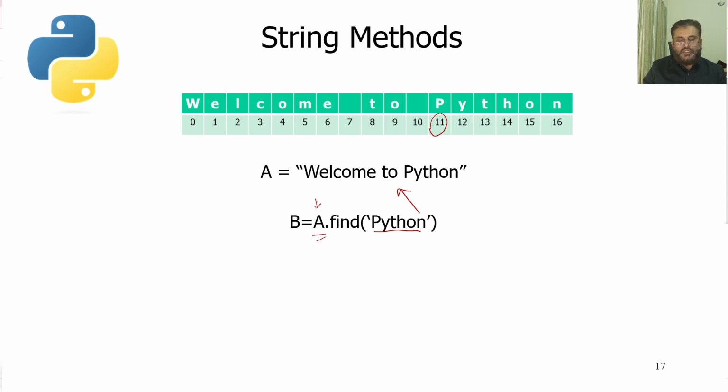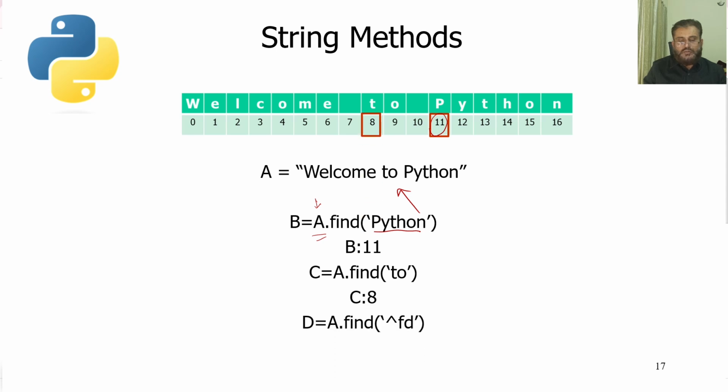Like in this case, the given string is a, so it will return 11. b will have 11, b will have an integer. Now in the next case, if we want to find 2 in a, then it will return the index of t, the first character of the substring which we are trying to find in the string a.